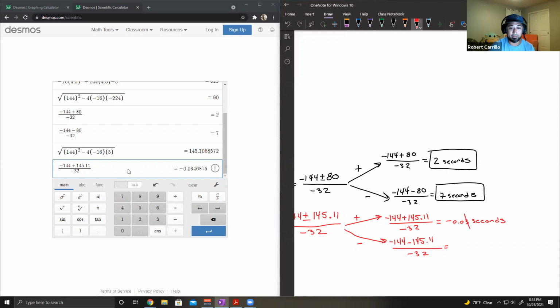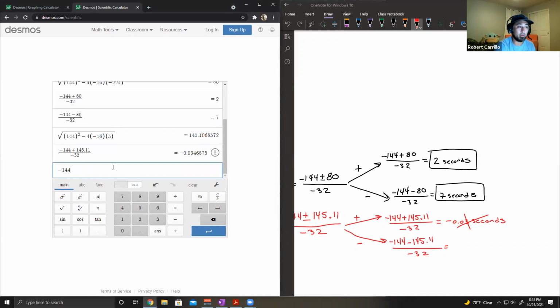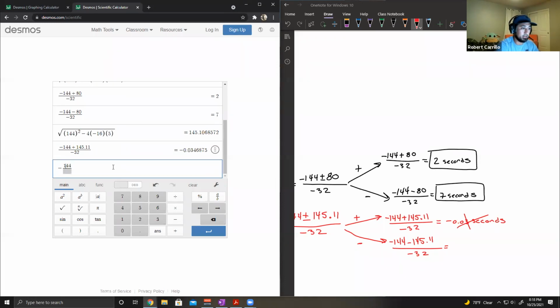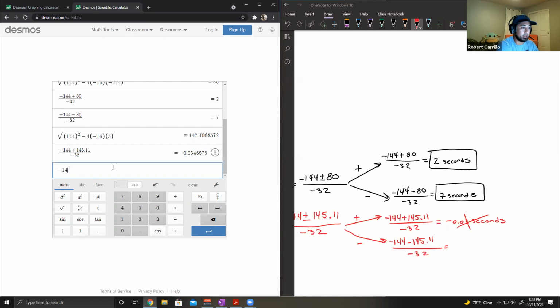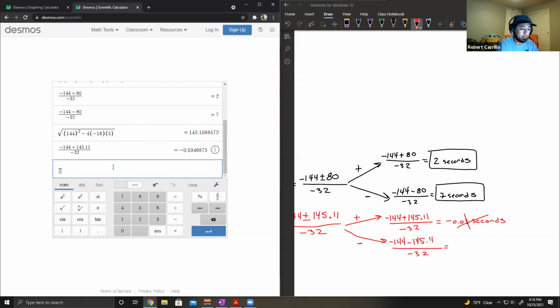No. So we can't use this answer. But now let's check the other one. Negative 144. Oops. Forgot that. I messed that whole thing up. Division first. There we go. Negative 144 minus 145.11 over negative 32. In this one, we get 9.03 seconds.